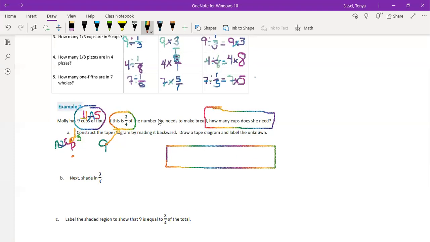So it says 3/4. So this is everything she needs, right? This right here is what she needs. The whole thing, the whole enchilada, okay? She has 3/4, so let's break it into 4 pieces.